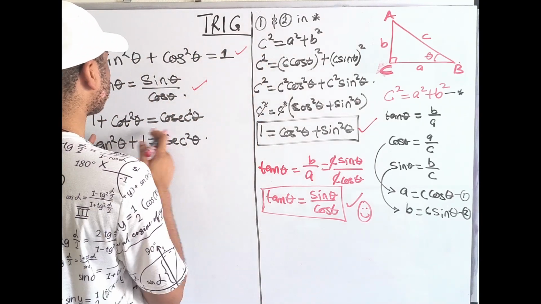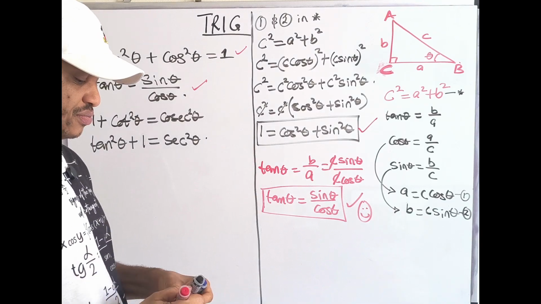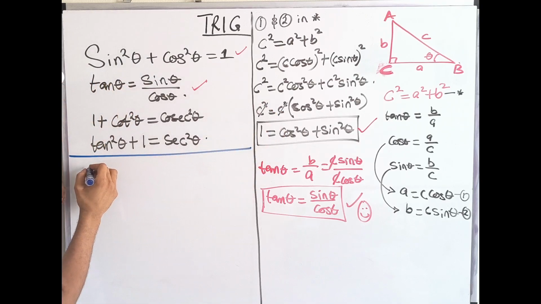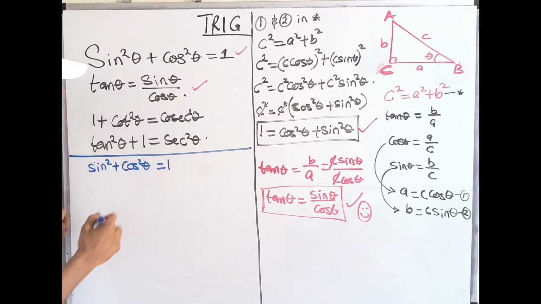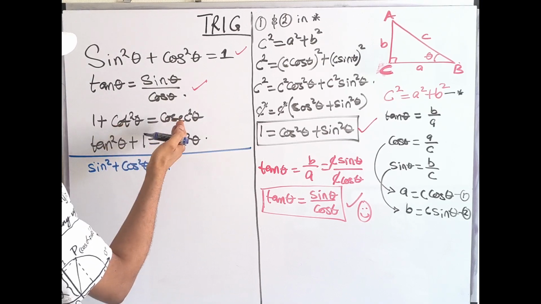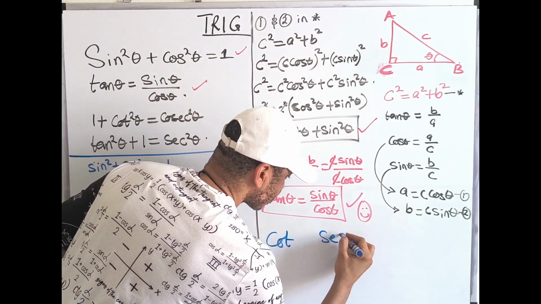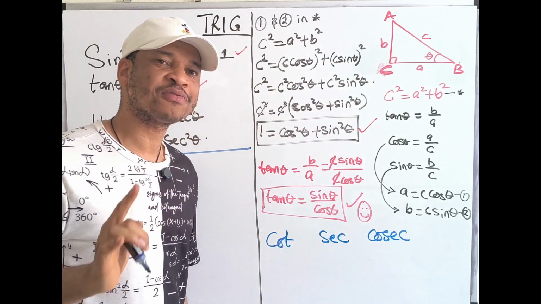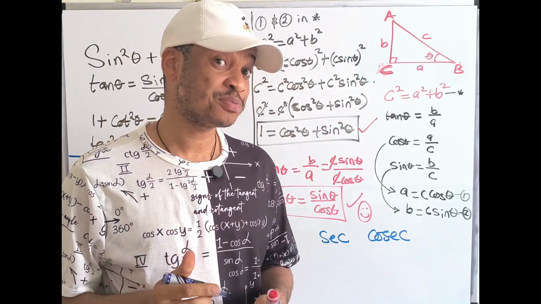This is done. How do you think we're going to get this? From the original equation, which is this, sine squared theta plus cos squared theta is equal to 1. And what is cot? What is sec? What is cosec? One of my seniors taught me this, okay?